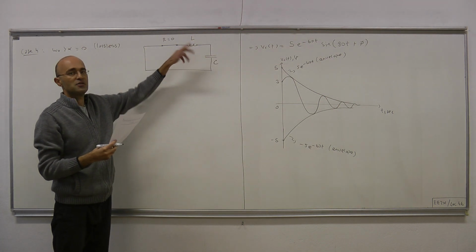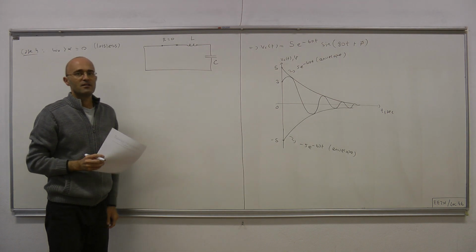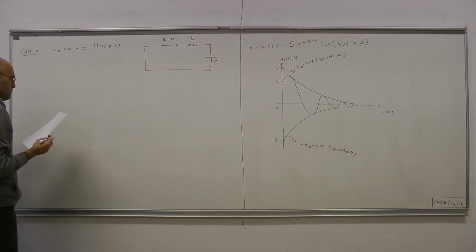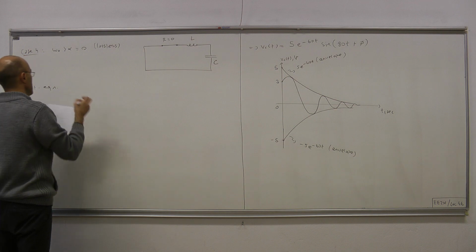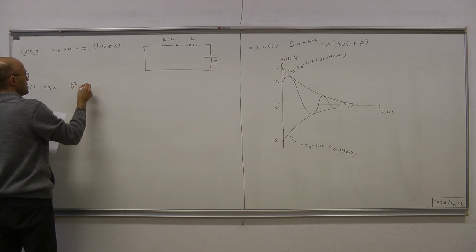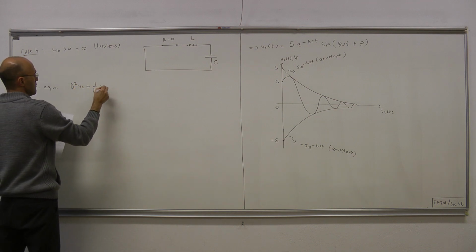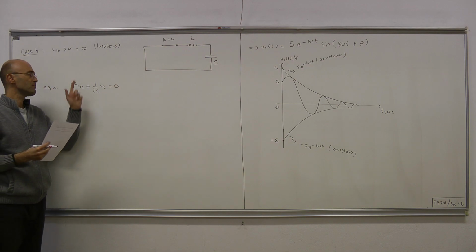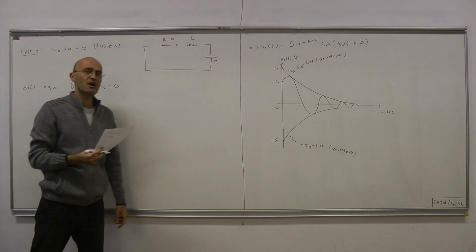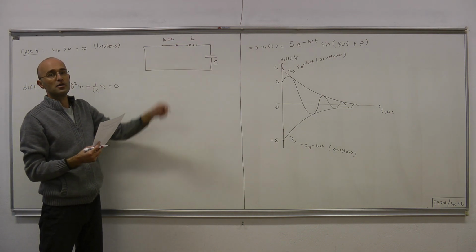So what we have is L and C in series, or in parallel, depending on how you look at it. The differential equation is now without a first order term. It has this form: d squared Vc plus 1 over LC Vc equals 0. Because the coefficient of the first order term was R over L, and now R equals 0.